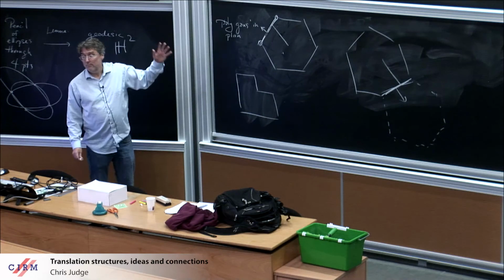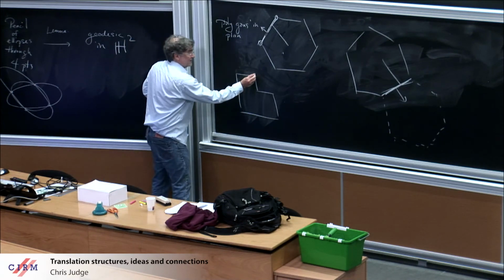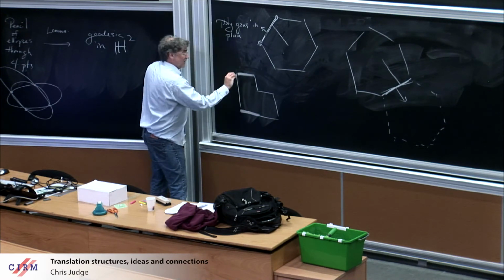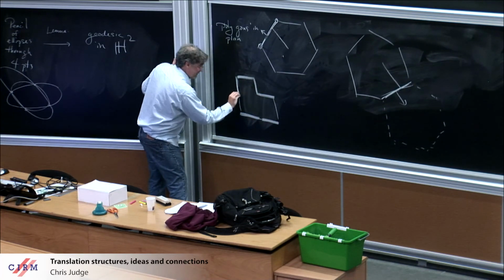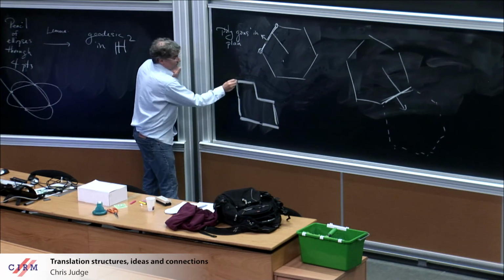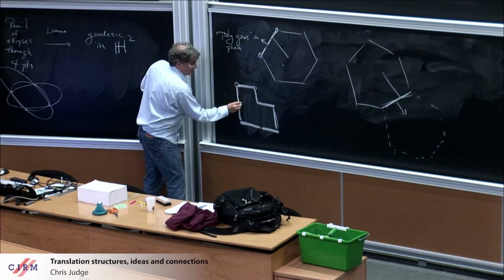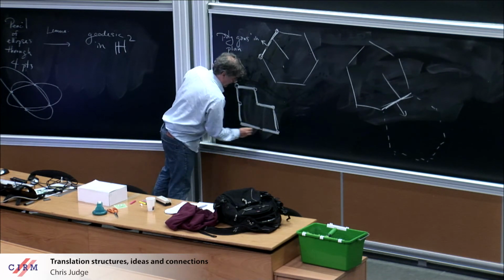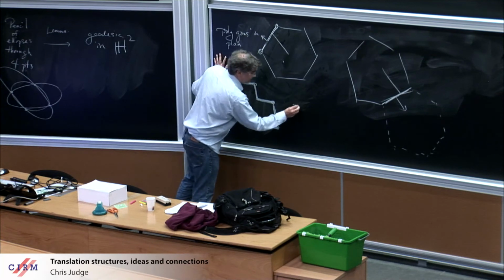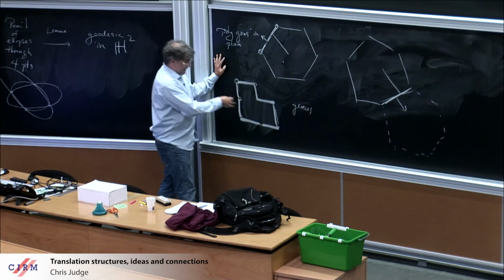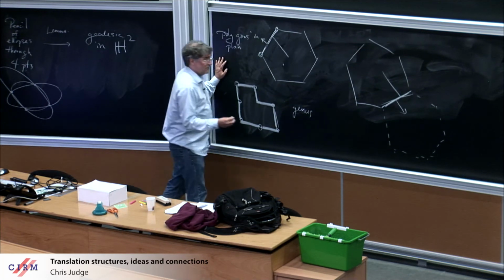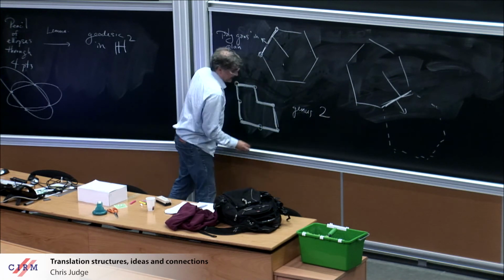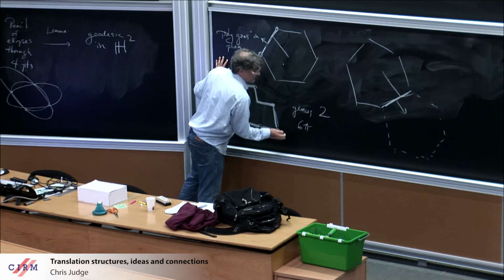You take this one polygon, you identify this edge with this edge, that edge with that edge, and so on, and you end up with some cone points. This ends up being genus 2, with all the identifications giving one cone point, and the angle of that cone point is 6 pi.